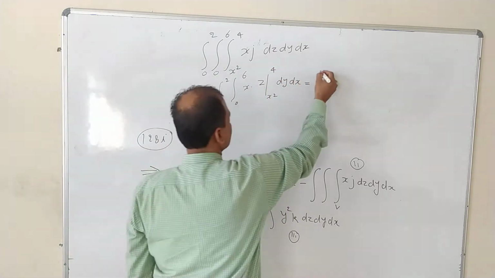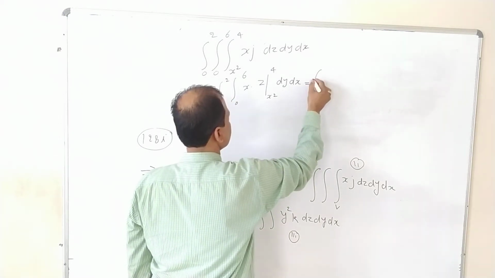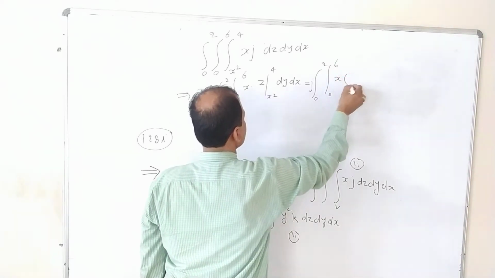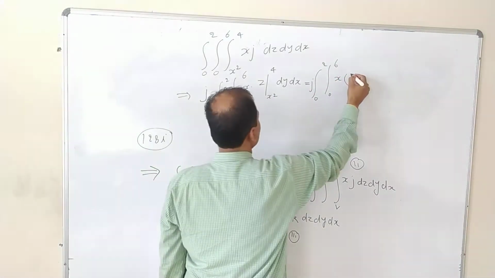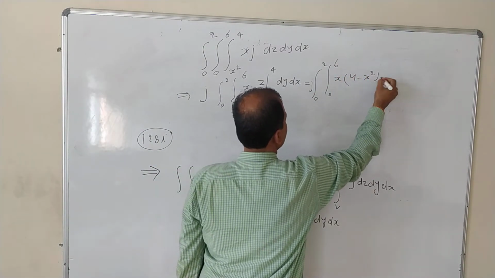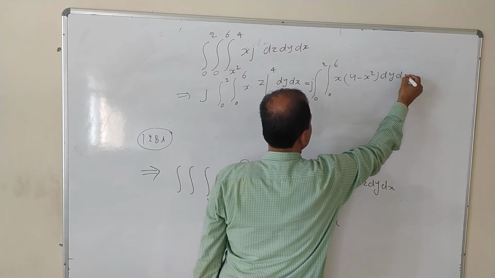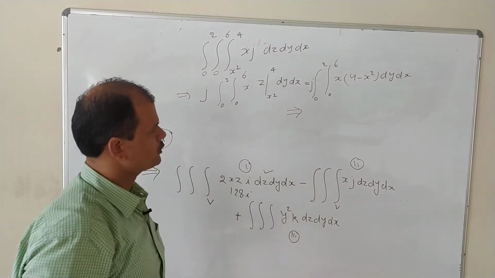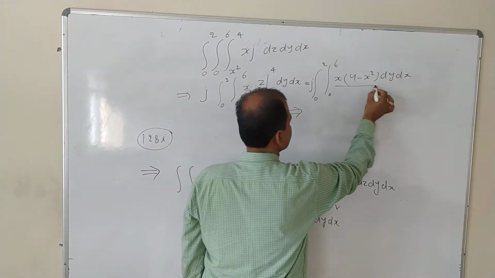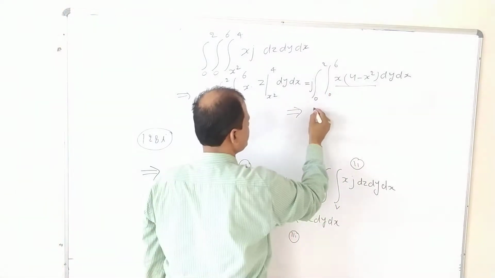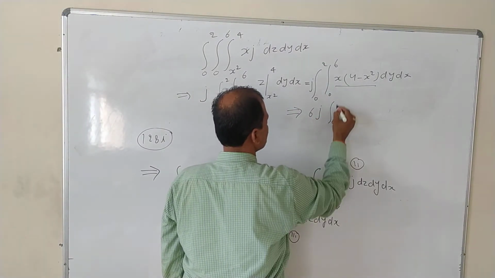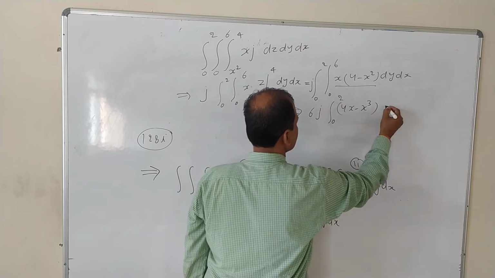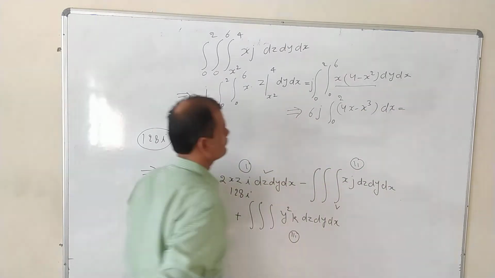Okay, so double integration j, 0 to 2, 0 to 6 and x, and this will be 4 minus x square dy dx. Now if you integrate with respect to y, this whole thing will be constant, so we get only 6, so we get 6j, 0 to 2, 4x minus x cube dx, fine.